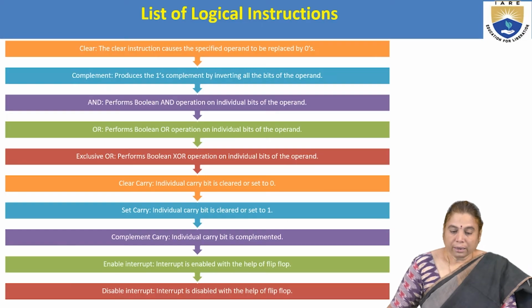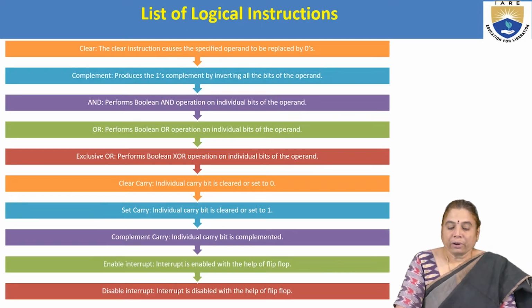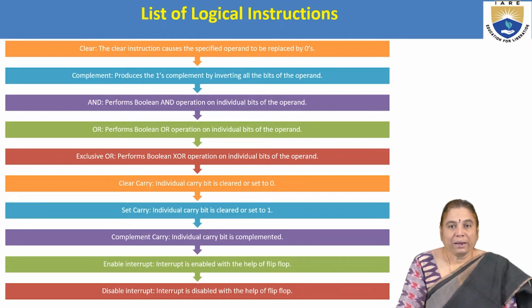Clear can be used to transfer zeros to a specific register. Complement is used to produce the one's complement of the specified operand. AND, OR and exclusive OR are used to perform the logical operations of AND, OR and exclusive OR.